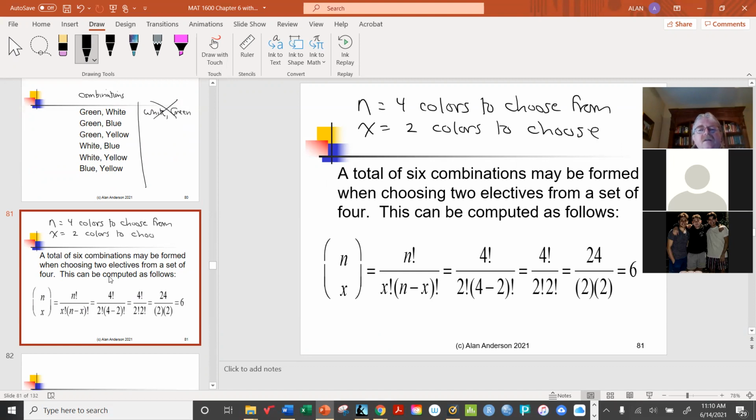If you plug these into the formula, you'll see that you have 4 factorial over 2 factorial times 4 minus 2 factorial, or 4 factorial over 2 factorial times 2 factorial. And then what you end up with is 24 over 2 times 2, which is, of course, 6.